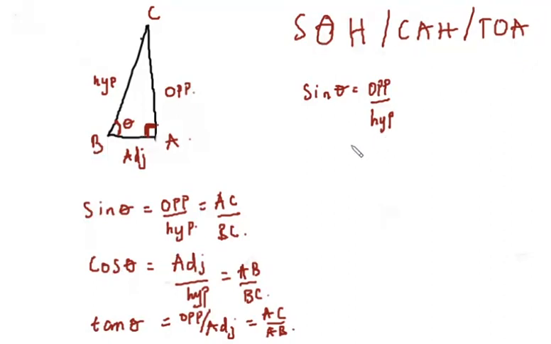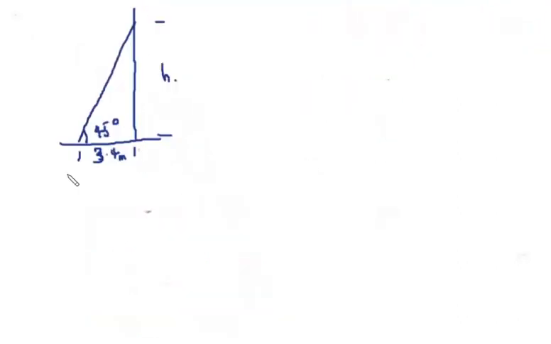Now that we have related all of this, let's take a few examples and understand how to use this to solve problems. Say you have a ladder leaning against the wall. This is the ground, and then you have a height, the vertical distance the ladder covers. You have your angle of 45 degrees.